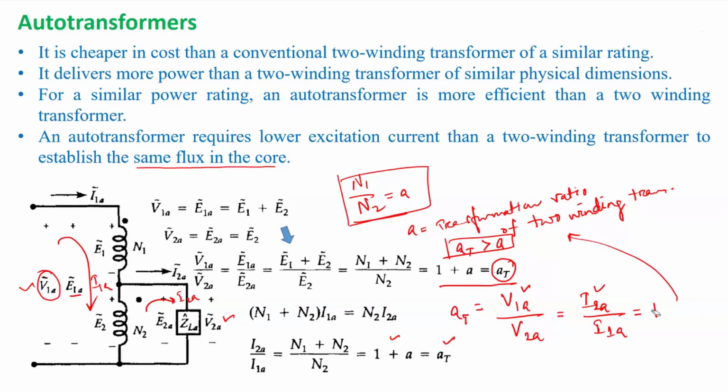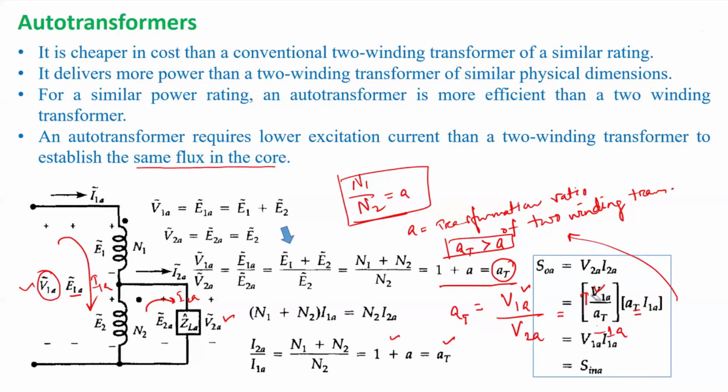Okay, so now let us see the power relationship. If we now find the apparent power of this auto transformer, then I can write SOA, which is the apparent power of this auto transformer.